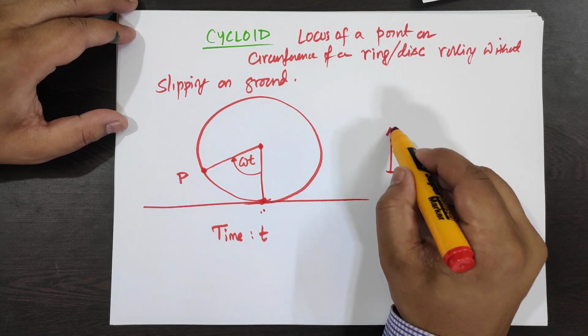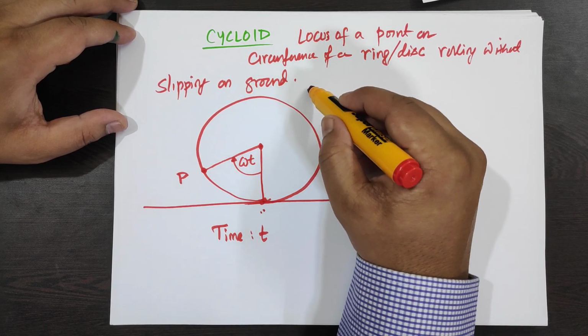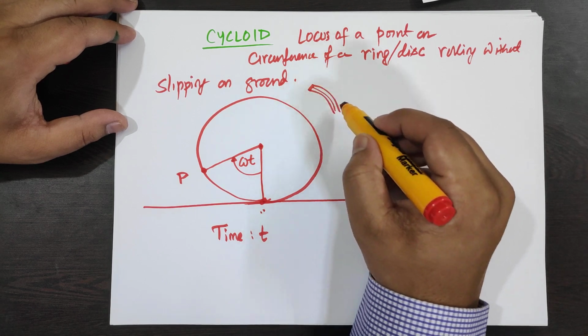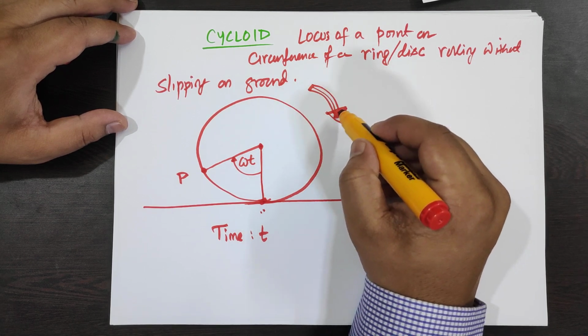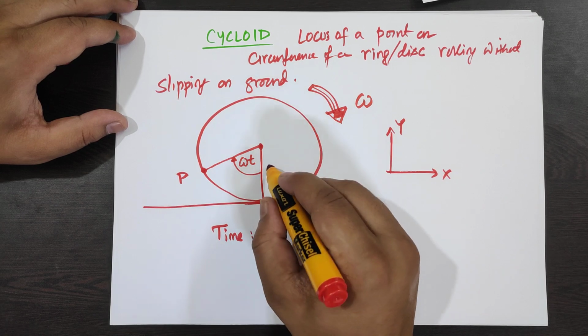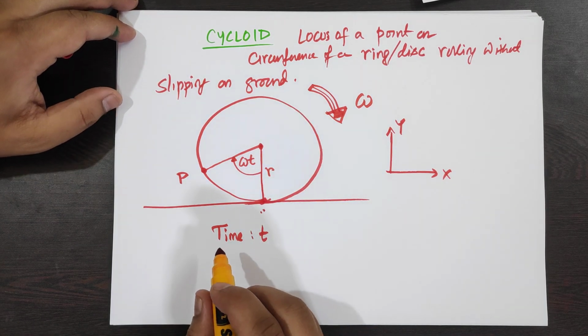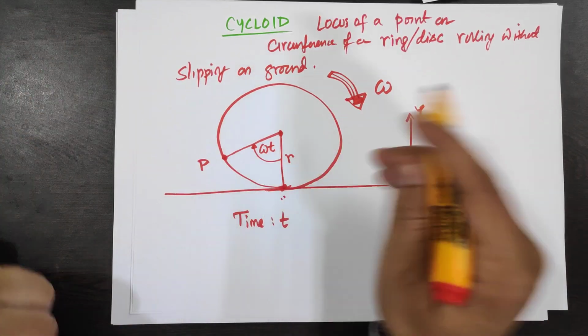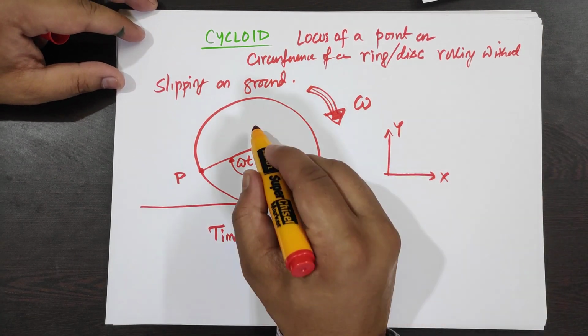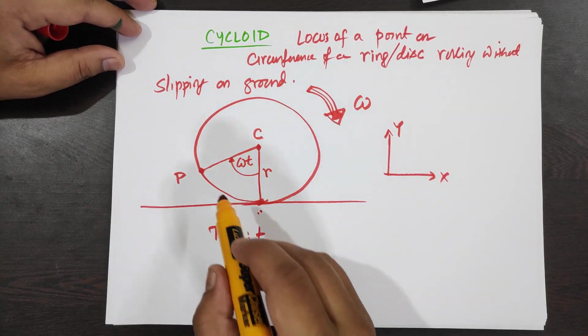This is the x and the y axis, in terms of angular speed omega, and the radius of the ring or the disk is r. Okay, and this is the center.